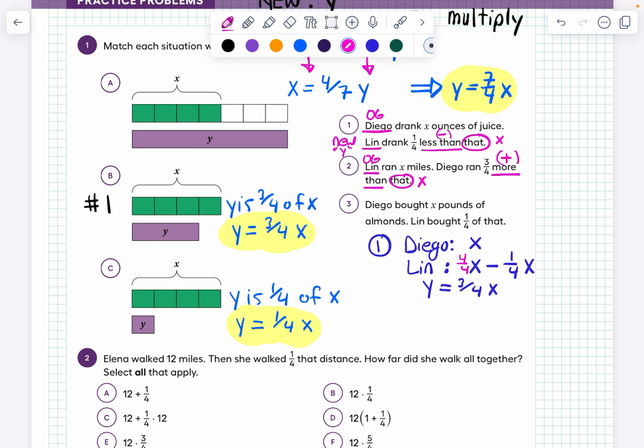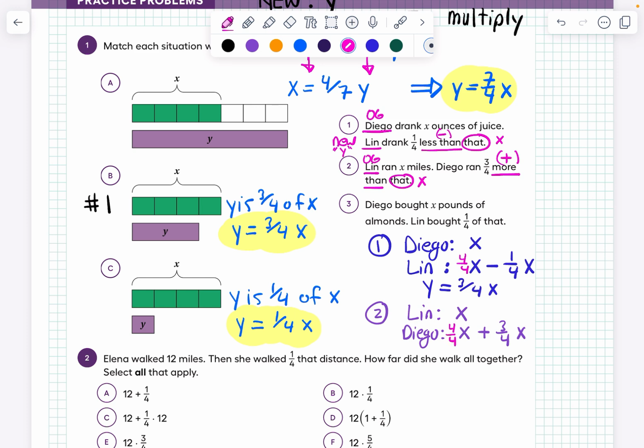I'm going to draw this in purple. So if Lynn represents X, then Diego, we're comparing Diego's amount to Lynn, so we start off with X. More than means plus, and it said 3/4 more than that, so that would be 3/4 X. And I'm going to write this as 4/4 to make life easy.